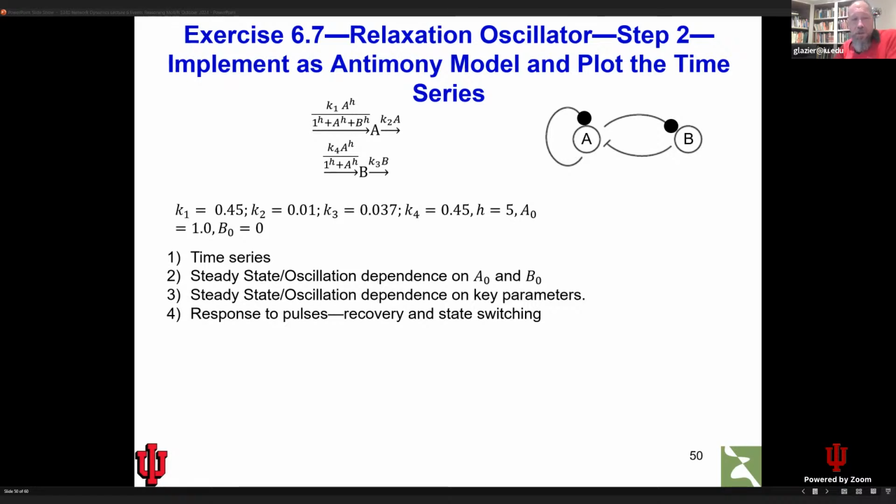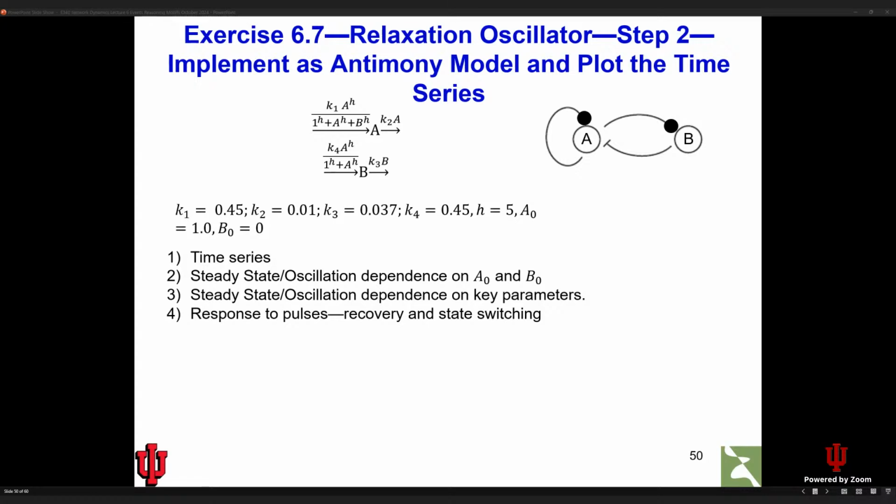So in this case, the first picture is using the parameters you gave here. Okay, so for the first one, it reaches a steady state. Yes.